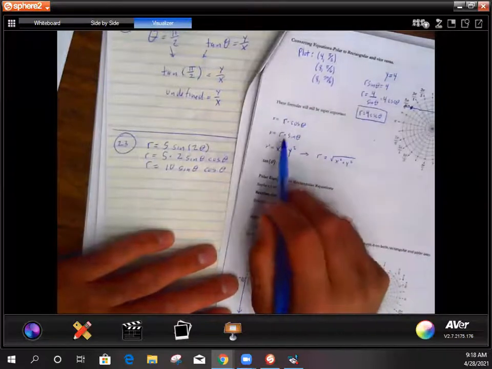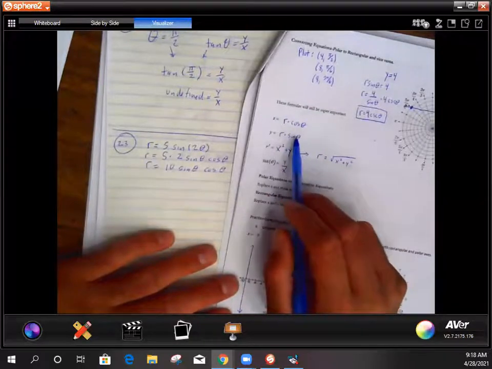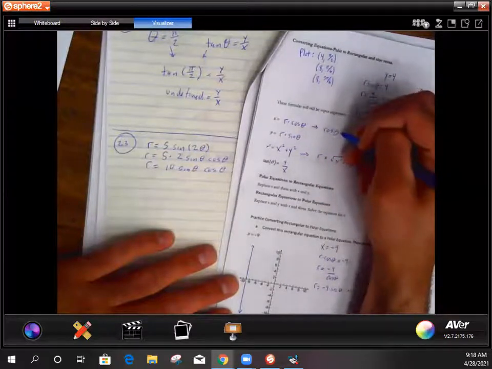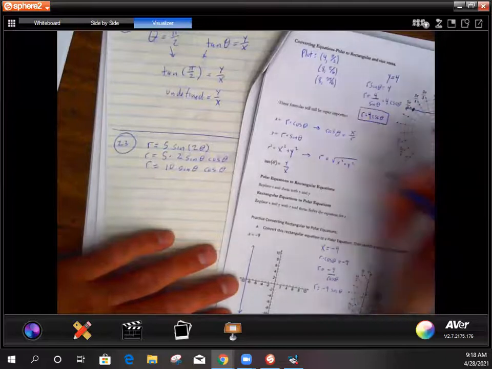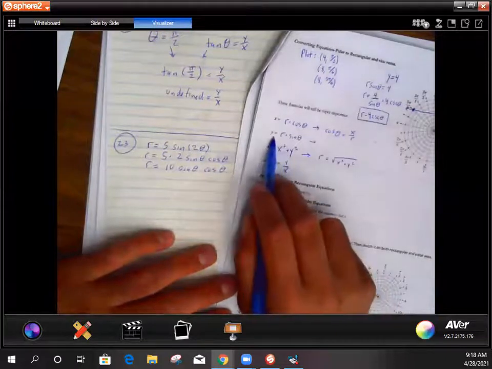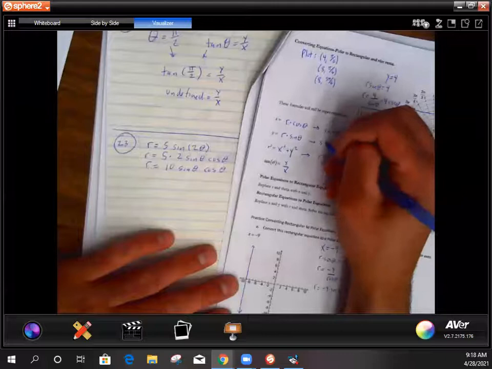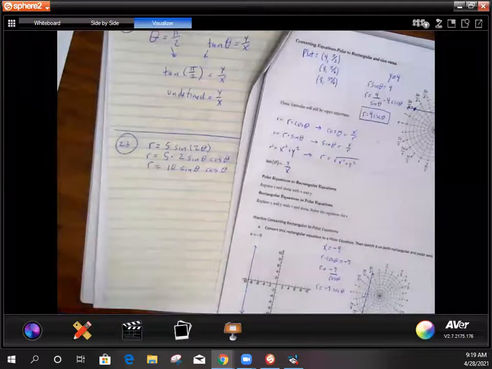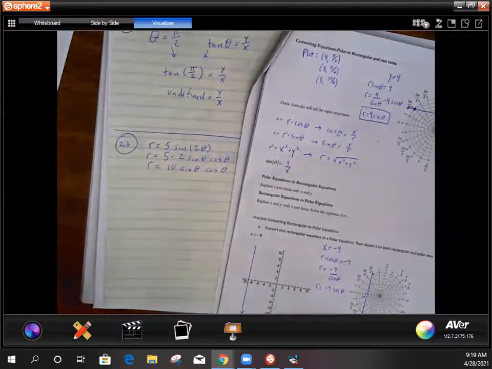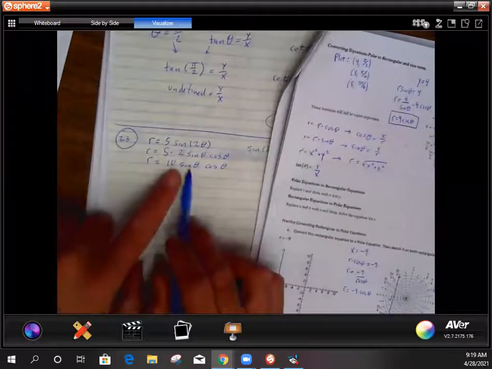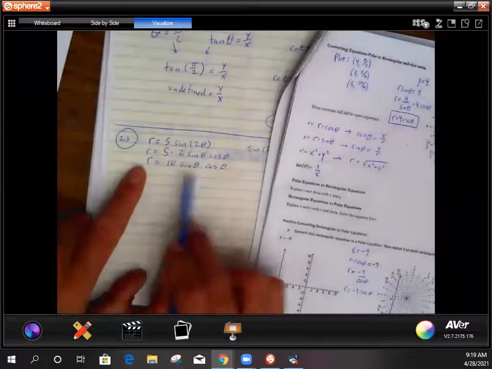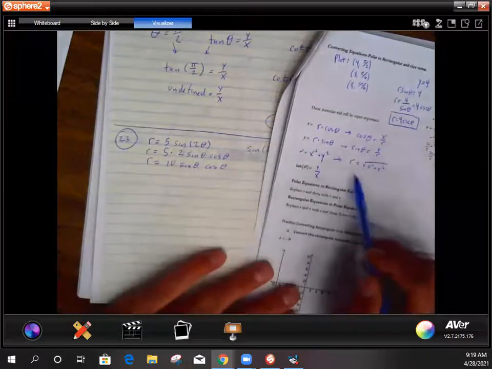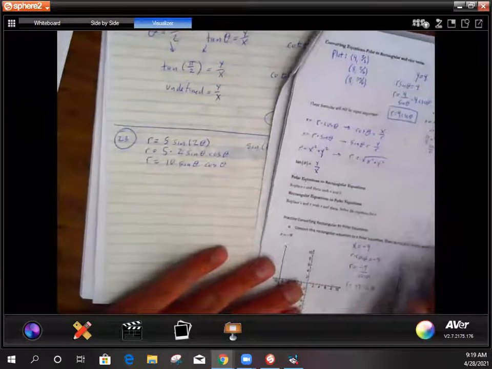And we also know x is equal to r times cosine, which means the cosine of theta is equal to x over r. And if we know y is equal to r sine, we can then sub in y over r in for sine. So in order to go from an equation that has sine theta cosine theta r, which is in polar form, to rectangular form, we want to use these to substitute and get everything in terms of x and y.